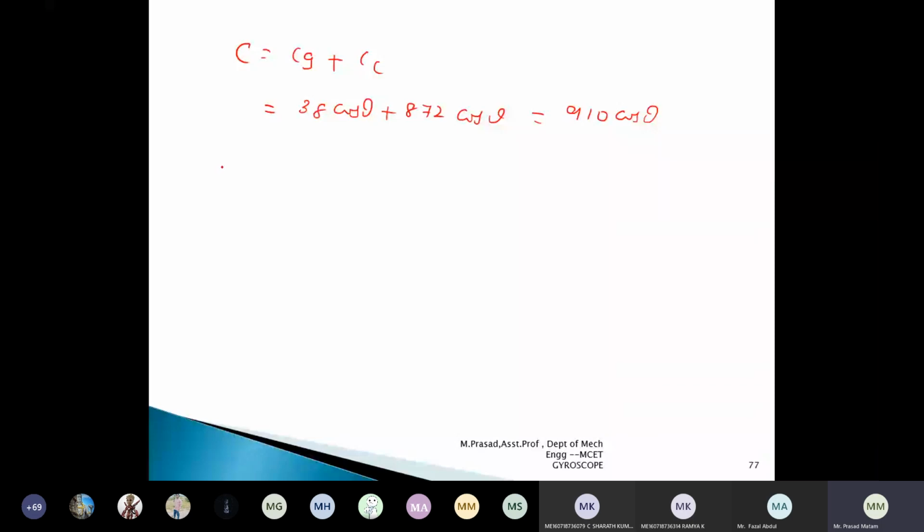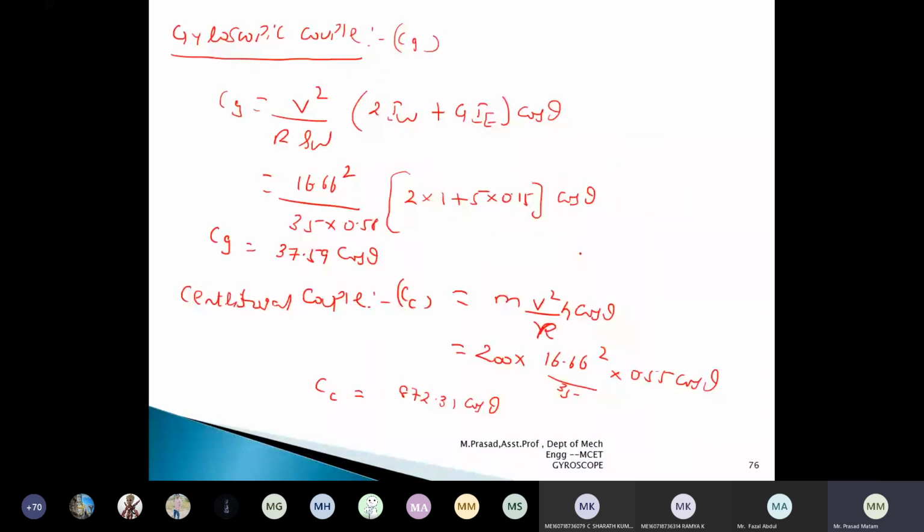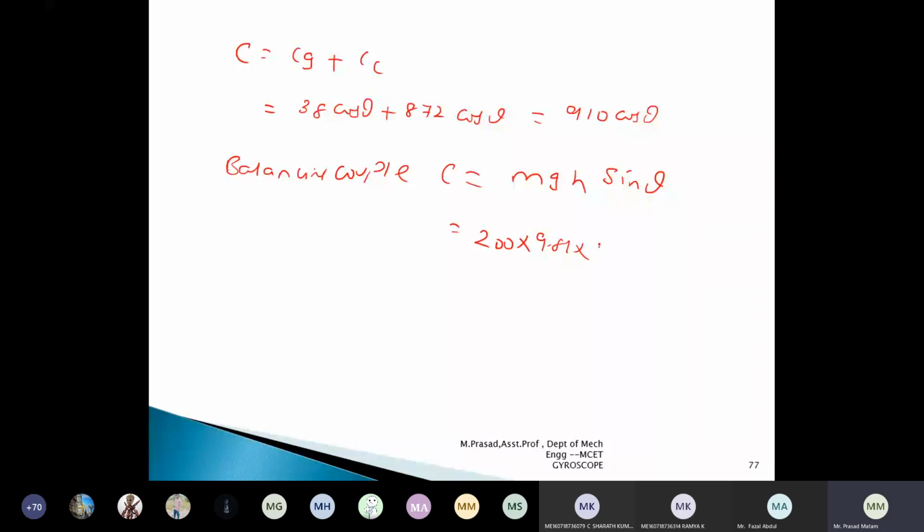Now try to find out the balancing couple. What is the formula for the balancing couple? C is equals to mgh sin theta. We got m as 200 kg, g take it as 9.81. What is the height h value? 0.55 into sin theta. Solve this and give me the answer.